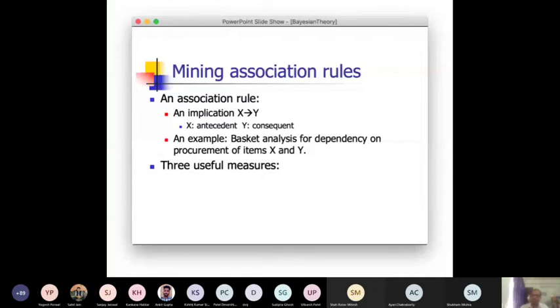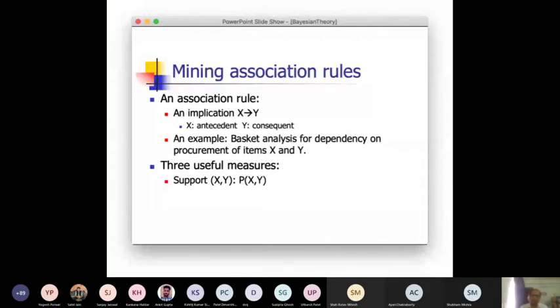So, three useful measures from the probabilistic sense, which is how we relate this with our Bayesian inference part. One thing we should consider is to compute the joint probability of these two events. That means there has to be some basis that they have some relation. If they don't occur jointly, if their joint occurrence is not significantly observed, then you may not be interested.